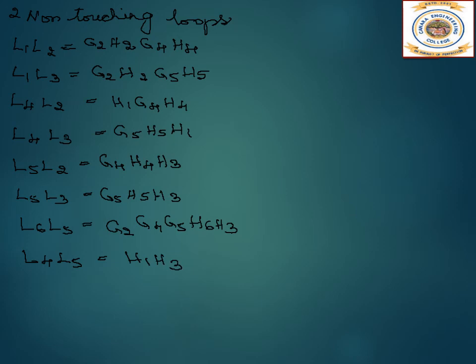We also have here three non-touching loops. Means three loops which don't have nodes in common. So in this case we have L4, L5, L2. So that will be minus H1, H3, G4, H4.